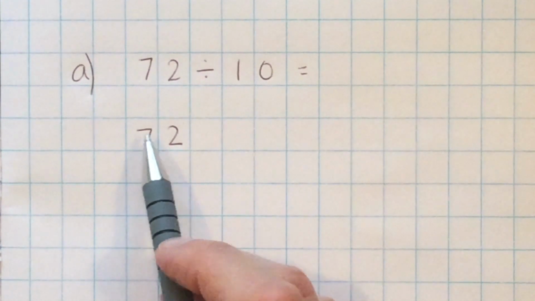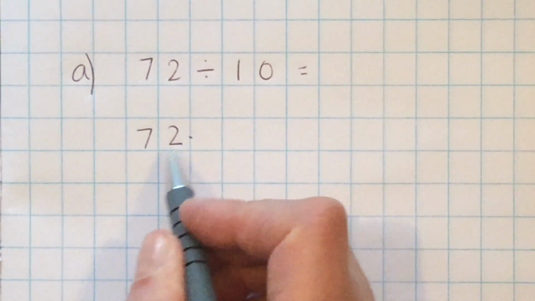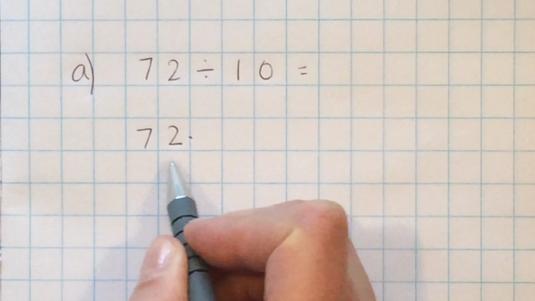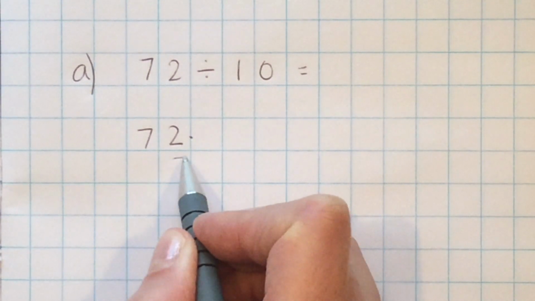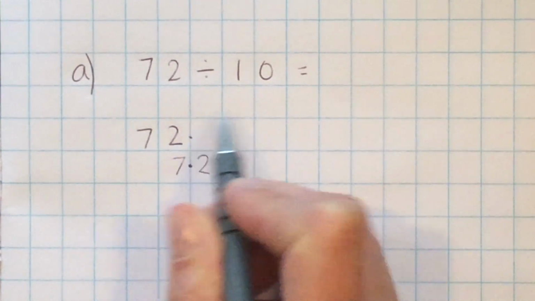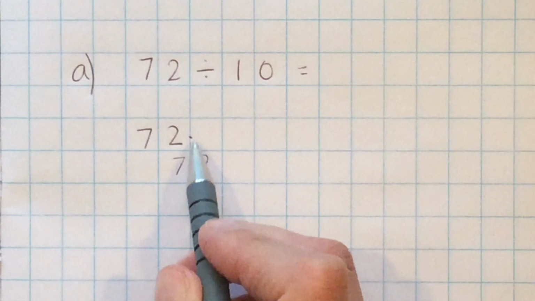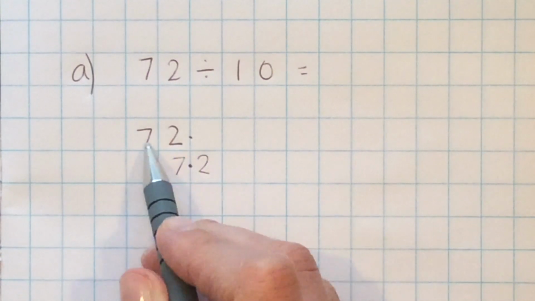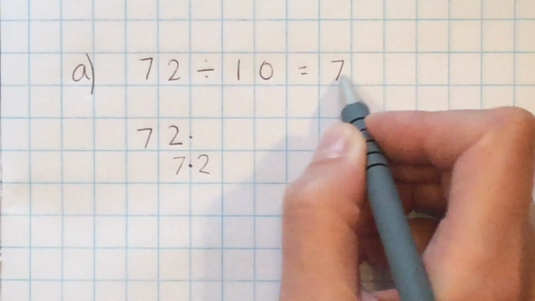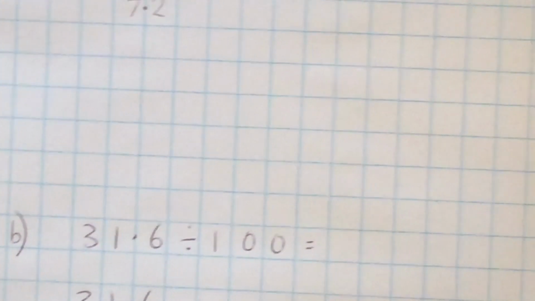So I know I've got tens, I know I've got ones, and my decimal point would be here. Okay, and then if I want to move my numbers underneath, I can move my digits one place to the right because I'm dividing by 10, which has got 1 zero. Keep my decimal point in the same place, and then I can very quickly work out that my answer is 7.2.